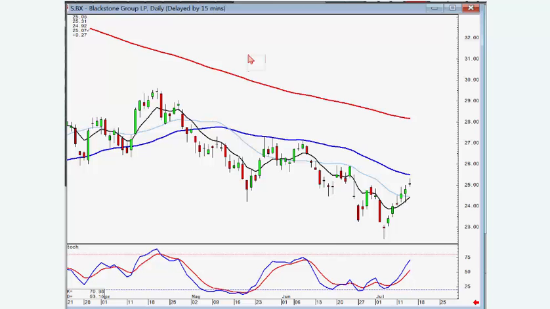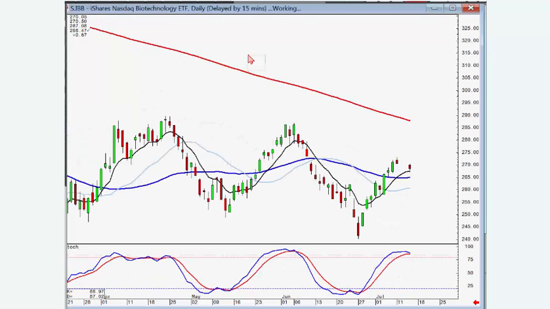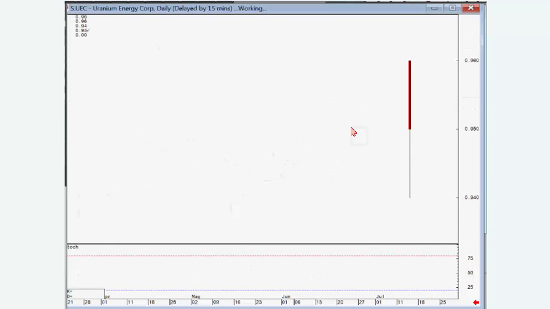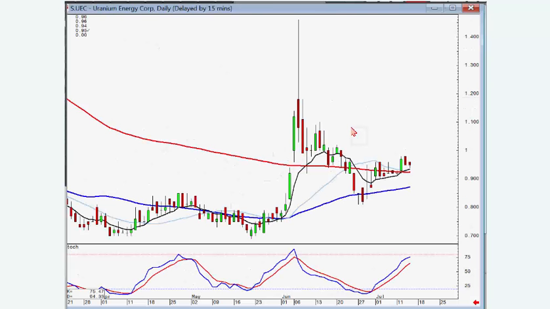Blackstones, watch to see what it does once it gets to the 50. And the biotechs are having a hard time getting through this downward trend channel. It's still above the T line, but it needs to show a strong reversal to get back up through that resistance level. UEC, nothing there.